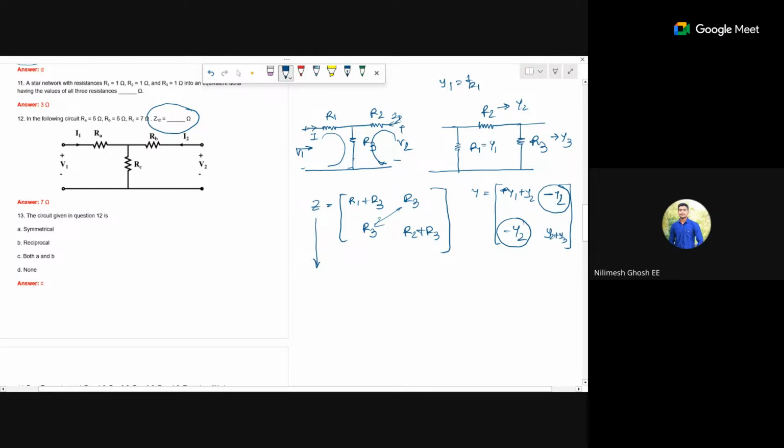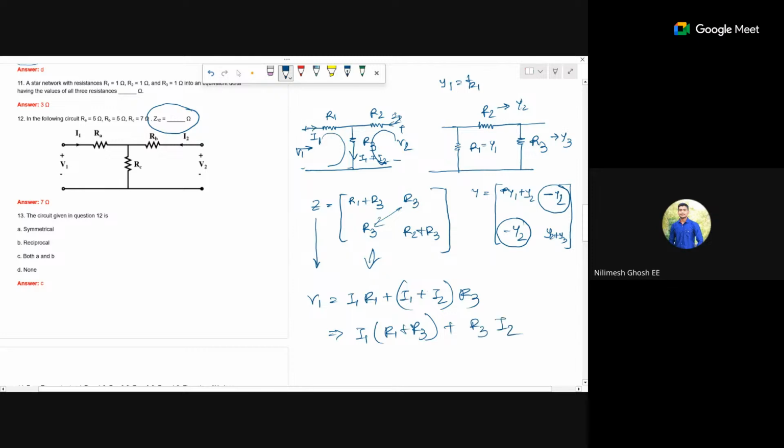See, let me derive it in front of you. This is I1, going in, and I2 is coming, so whatever is coming here is I1 plus I2. So V1 will be I1 R1 plus (I1 plus I2) into R3, that is I1 into (R1 plus R3) plus R3 I2.